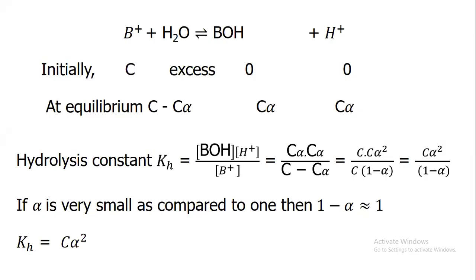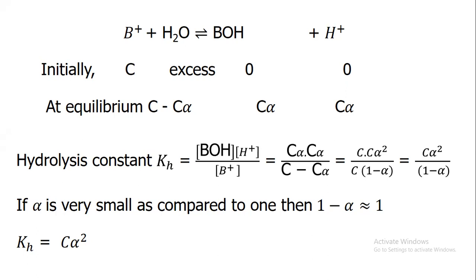But at equilibrium, BOH and H+ form C alpha, so the concentration of B+ is C minus C alpha. Hydrolysis constant Kh is equal to [BOH][H+] over [B+]. Substituting the concentrations, we get Kh equals C alpha squared over 1 minus alpha.